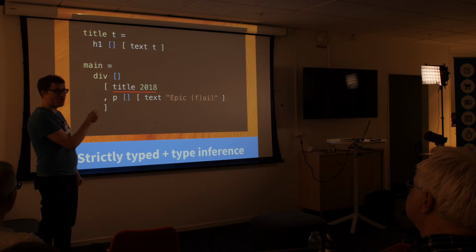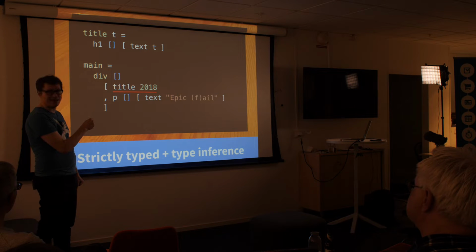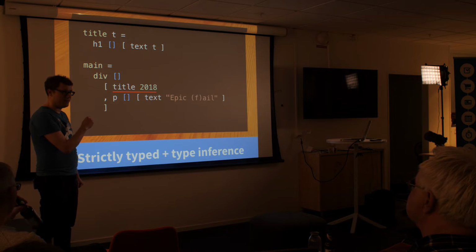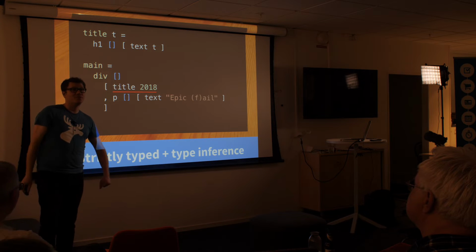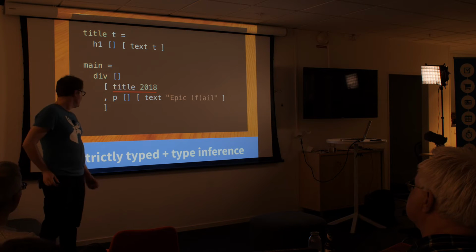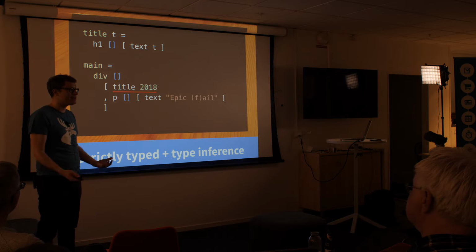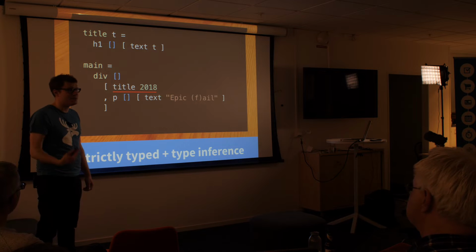And the text function always takes a string as argument here. So because this function takes a string as argument, the argument for the title function is also a string, because that is inferred. Which means when we're trying to call title down here with an integer, we get a compilation error. And this is also the reason why you want to have strict typing and type inference, in order to catch these things during compile time instead of getting runtime JavaScript errors.